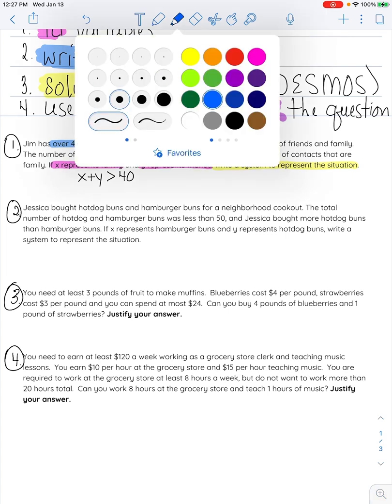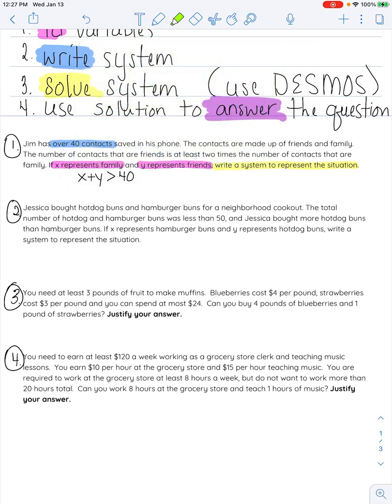Now let's look for another relationship. The contacts are made up of friends and family. The number of contacts that are friends is at least 2 times the number of contacts that are family. So what did we use to represent friends? We used Y to represent friends.